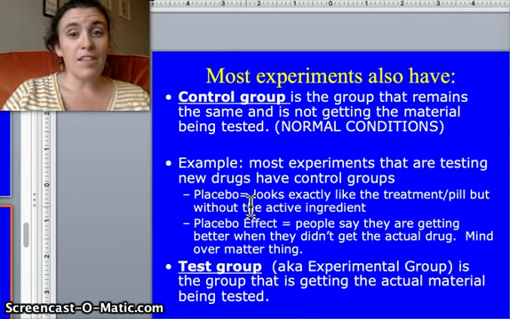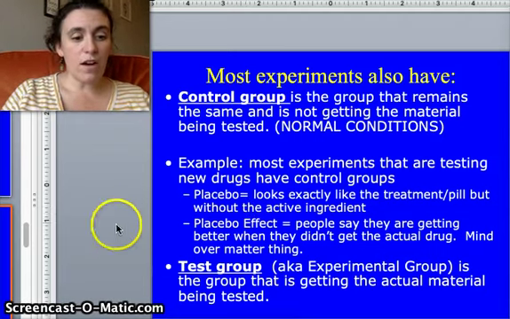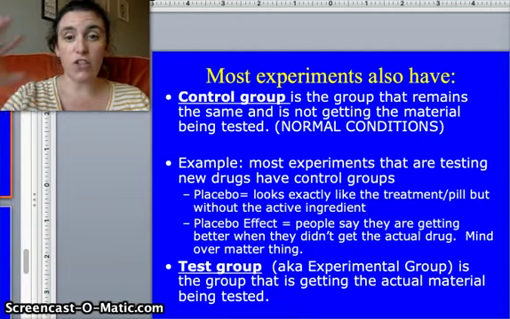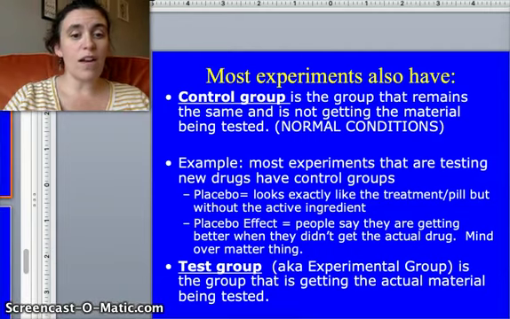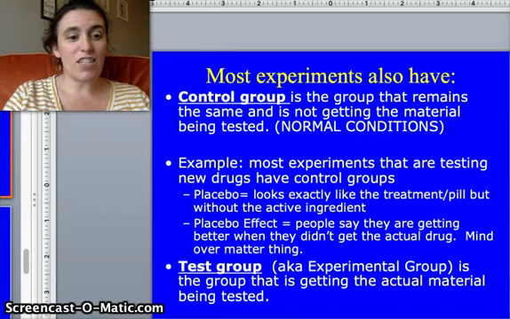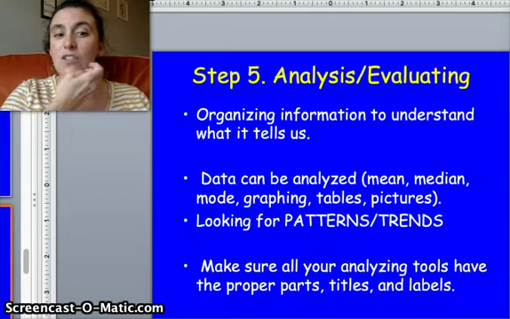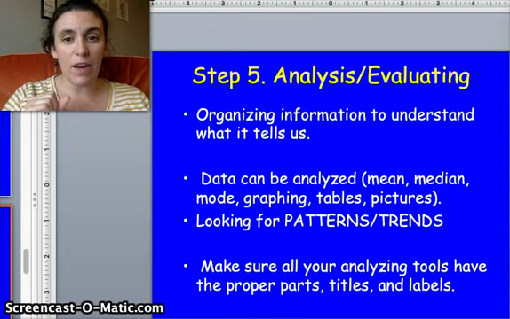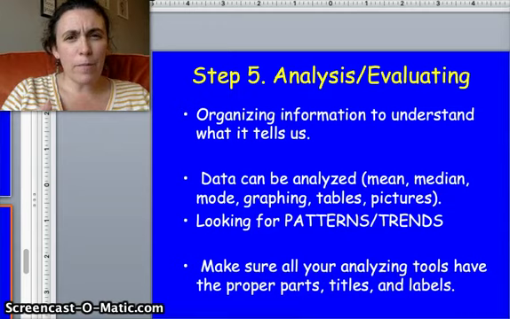So once you have your experiment set up, you can do your experiment, and then you can go on and you collect your data into some data tables and graphs. And you're going to do step 5. You're going to analyze and evaluate. This is where you're going to organize information to figure out what is the information telling me.